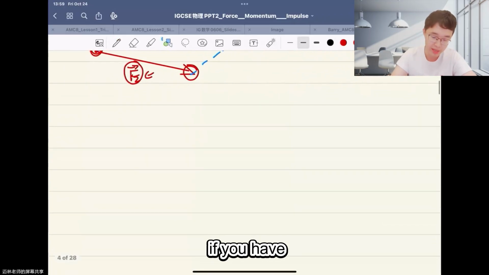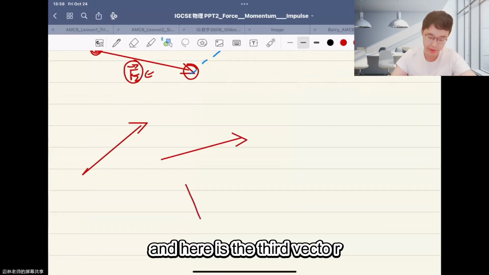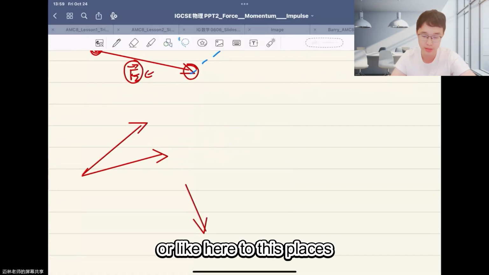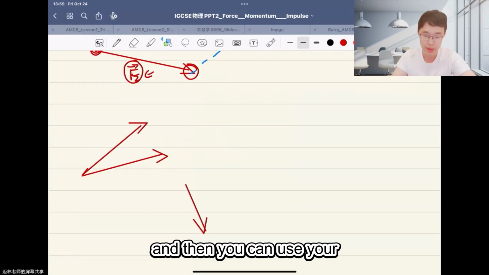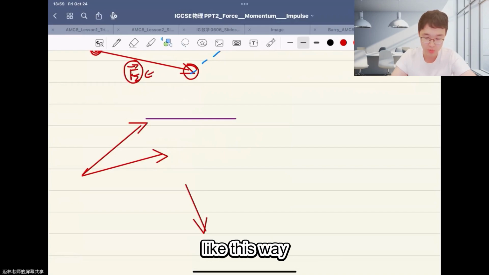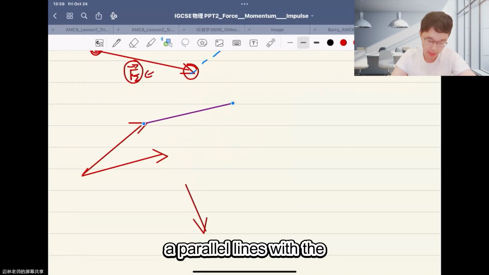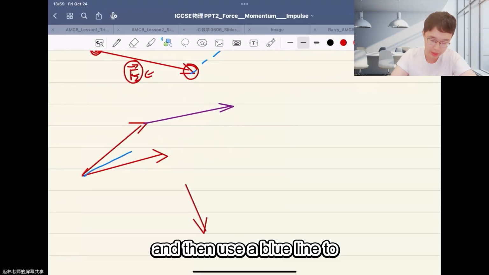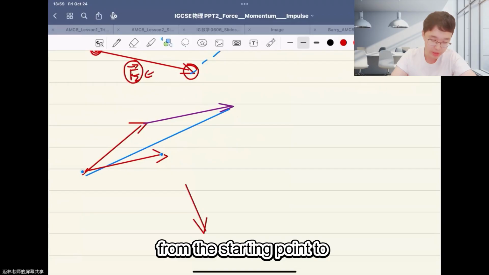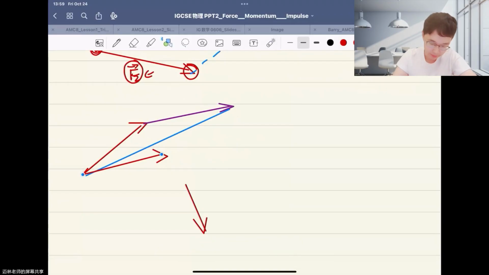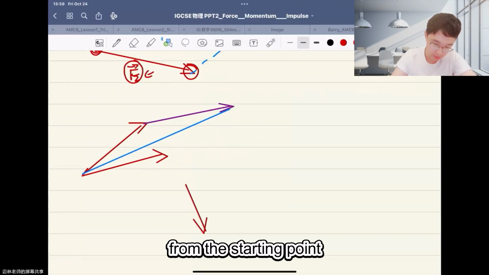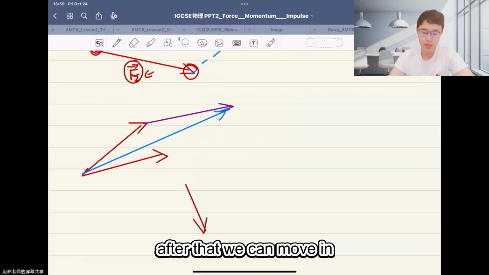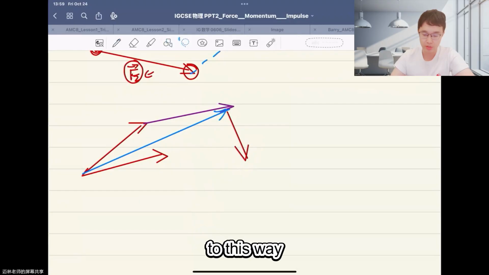Like here, if you have a vector, another vector, and a third vector, you can first move the vector here to these places. Then you can use your pencil to draw a line parallel to the second vector, like this way. Then use a blue line to draw from the starting point to the terminal. After that, you can move in the third vector, like here, to this way.